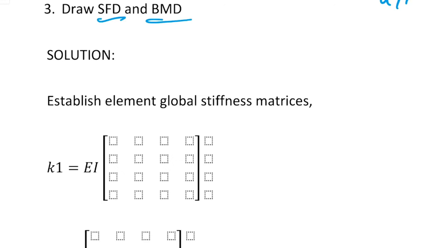We need to refer to the appendix for stiffness method, and we calculate the value for K1.